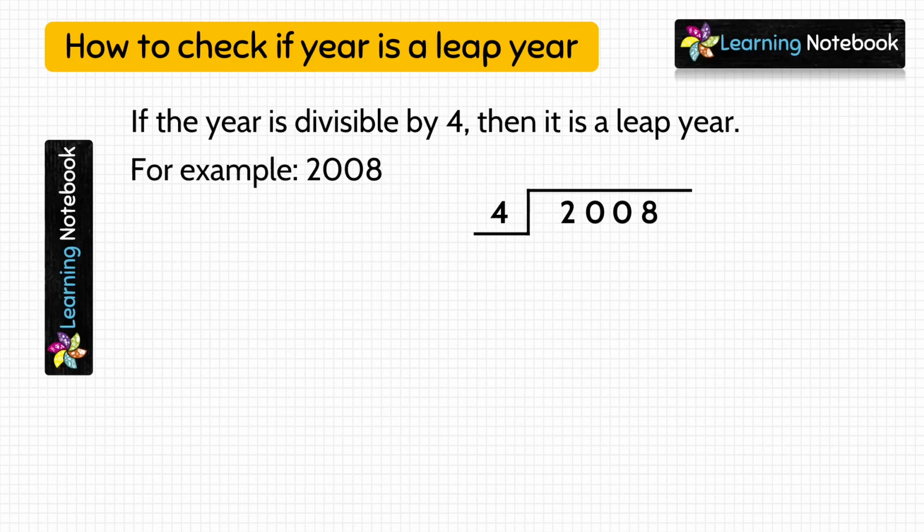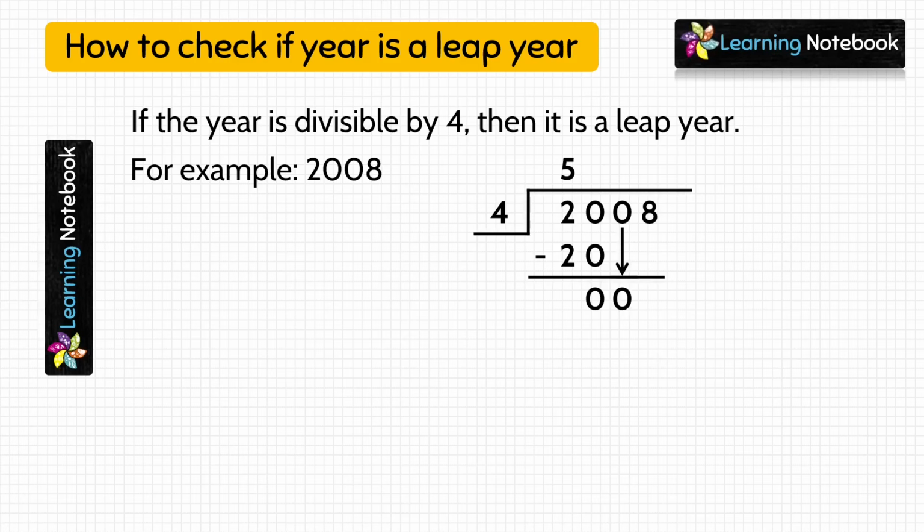Now let's first divide 20 by 4. 4 into 5 equals 20 and 20 minus 20 equals 0. Students, if you want to learn the division step by step, then you can refer to our separate video on division. You will find its link below in the description box. Now let's continue with our division. Now copy next digit 0.